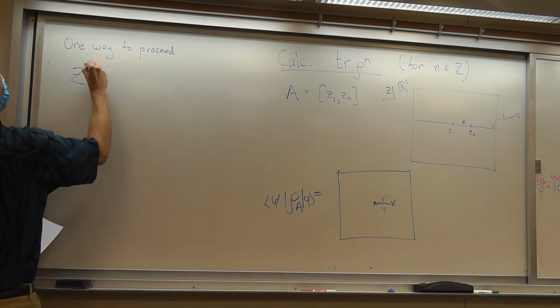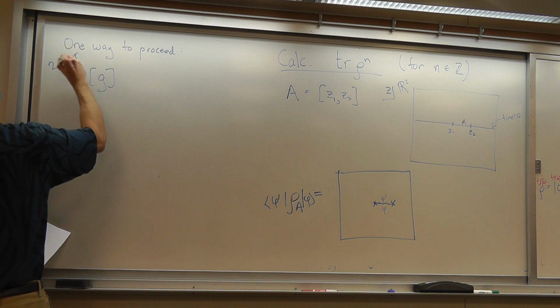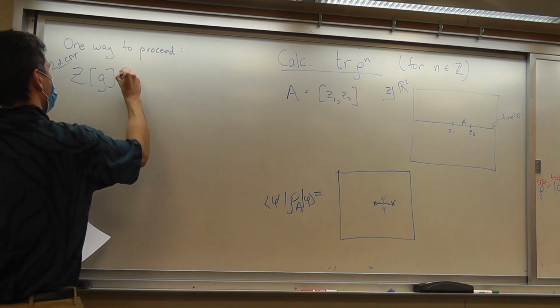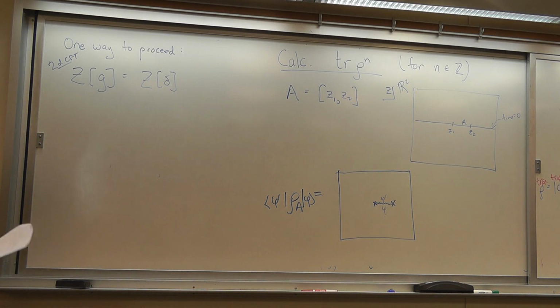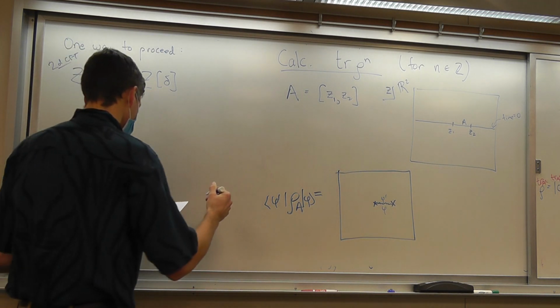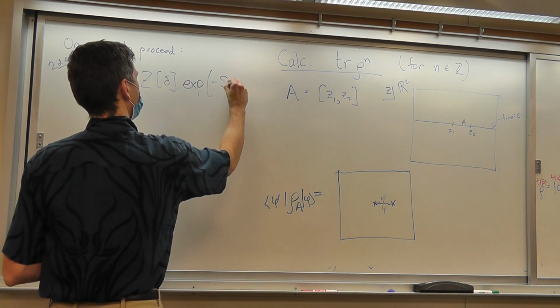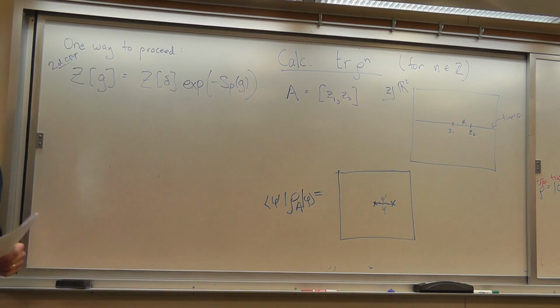So remember that in a 2D CFT, the path integral on any manifold, on any metric, is the trivial one with the regular flat metric times e to the minus the anomaly action of Polyakov, the Liouville action that we wrote a couple lectures ago.